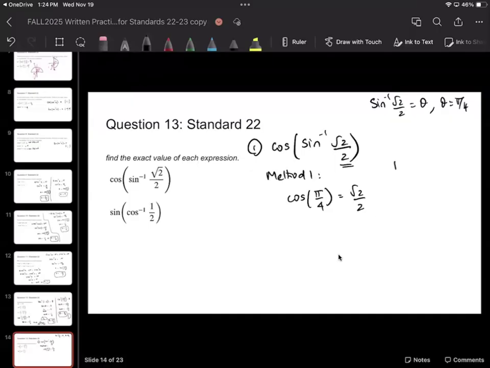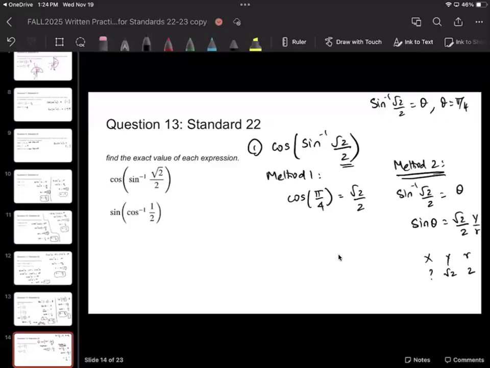In method 2, what you will do is set the inner function to be some angle theta. That means sine theta is root 2 over 2. Now, what is sine theta? Sine theta is y over r, correct? So y is root 2, r is 2.